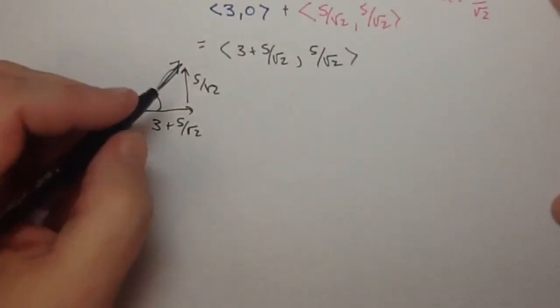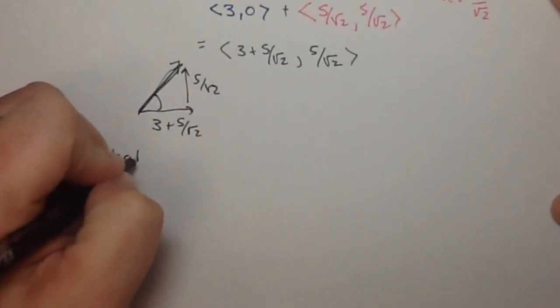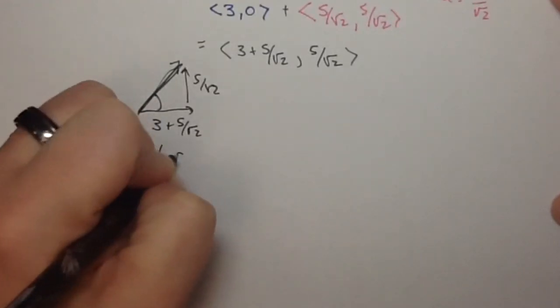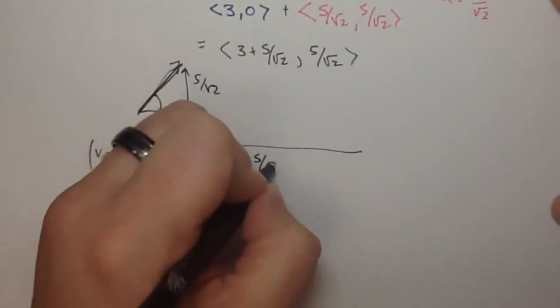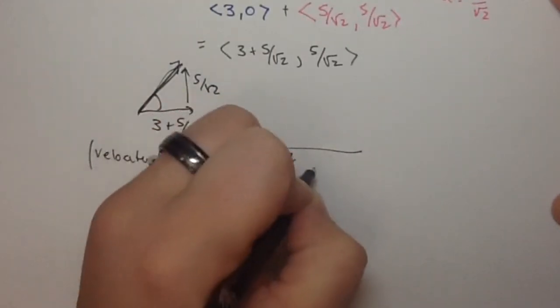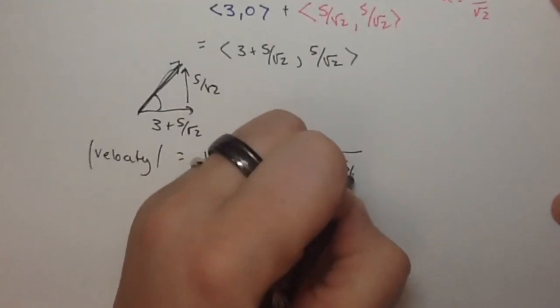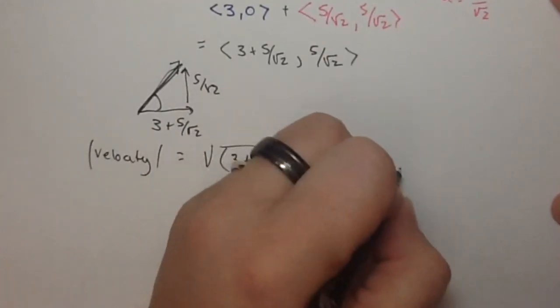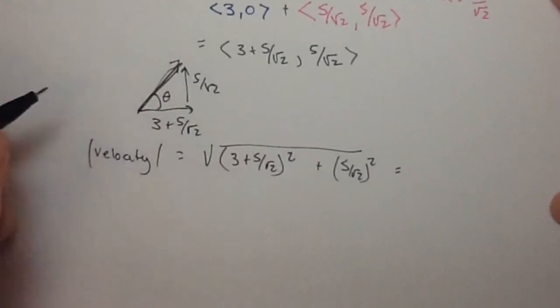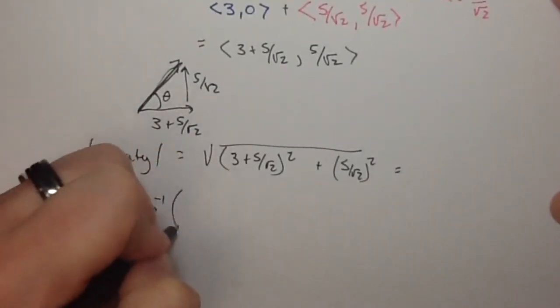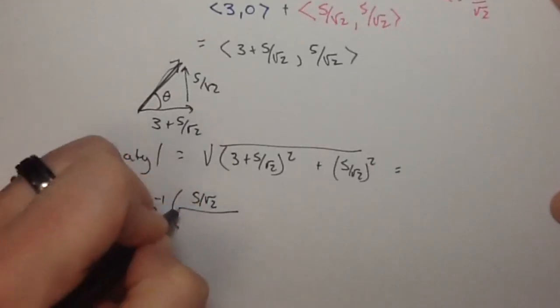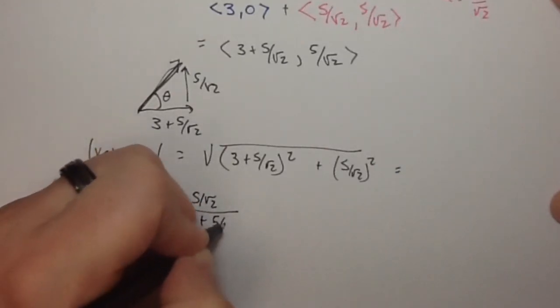All right, so velocity then, the magnitude of it is the square root of (3 plus 5 over root 2) squared plus (5 over root 2) squared. And then this angle, theta, is the inverse tangent of (5 over root 2) over (3 plus 5 over root 2).